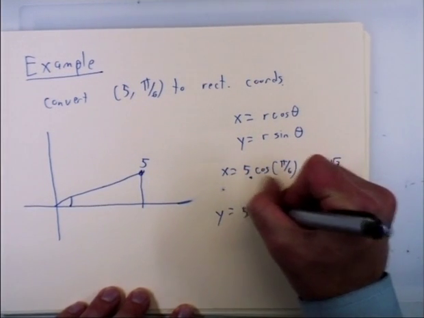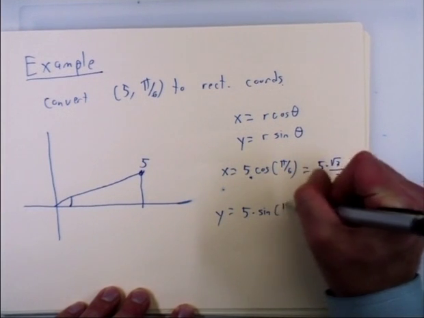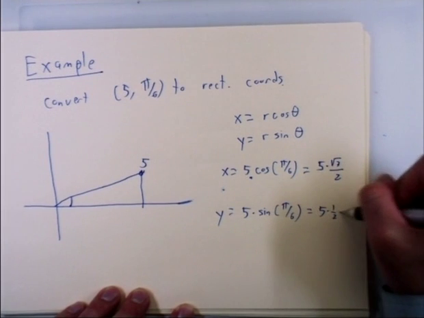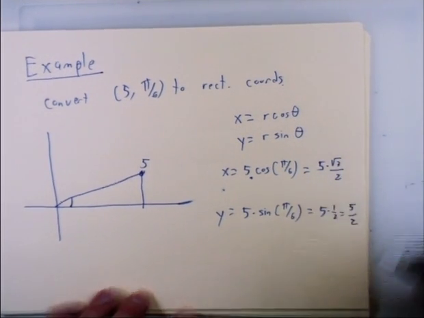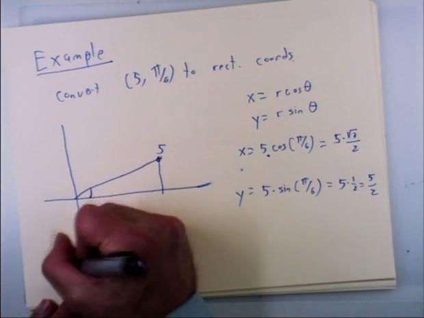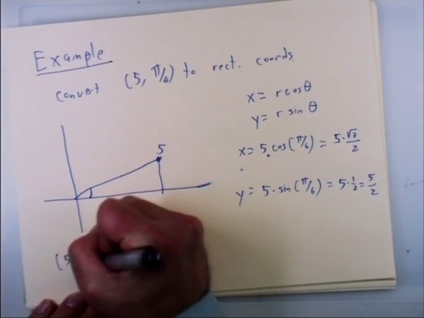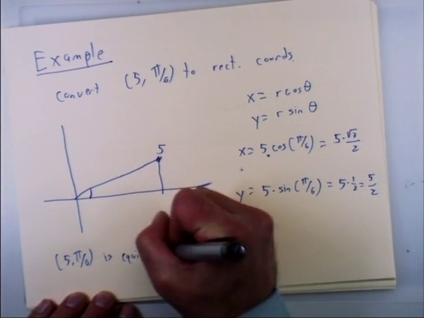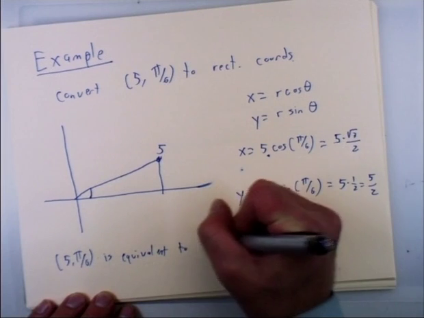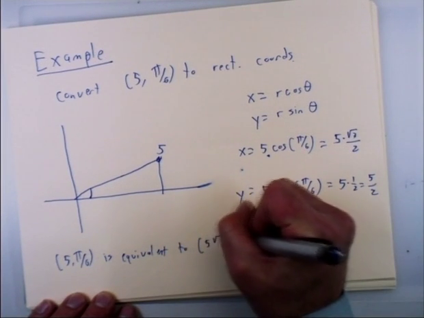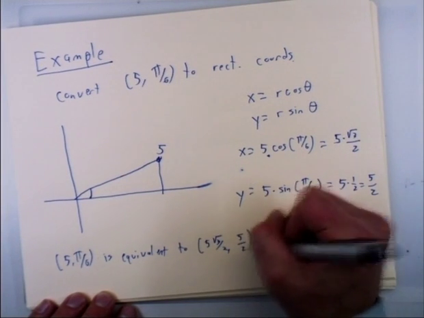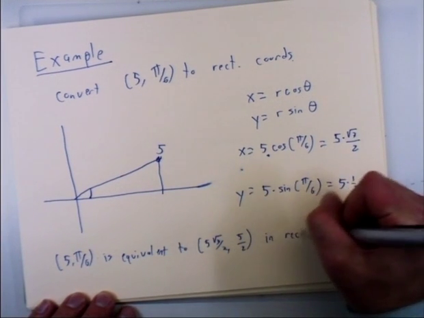The y coordinate is 5 times the sine of pi over 6. Sine of pi over 6 is a half, so I get 5 halves. So 5, pi over 6 is totally equivalent to 5 root 3 over 2 comma 5 halves in rectangular coordinates.